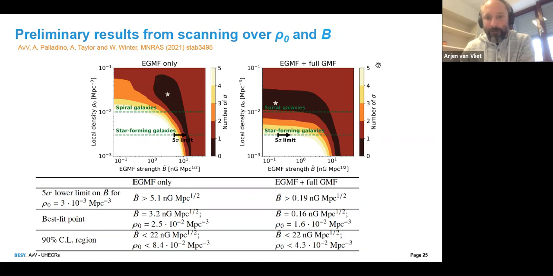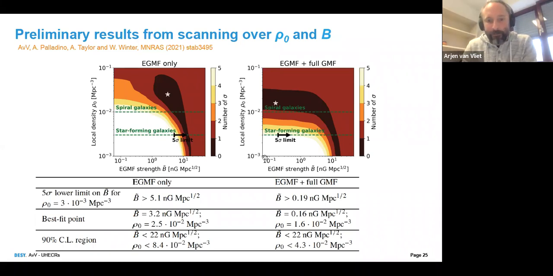And this is just one specific model. So we want to scan a larger possibility range by both including and not including it. Of course, with the galactic magnetic field it's a more realistic scenario, but there are large uncertainties on the galactic magnetic field itself.